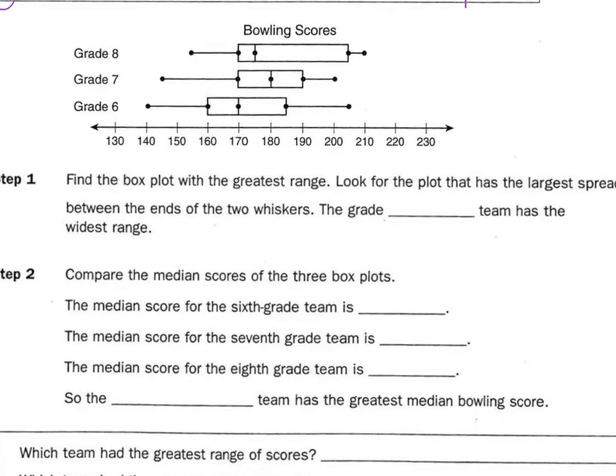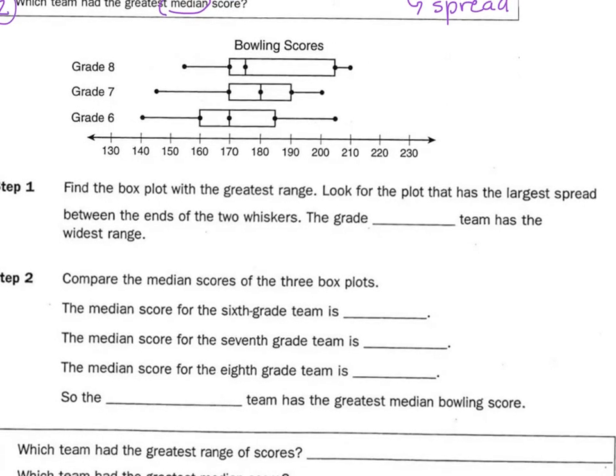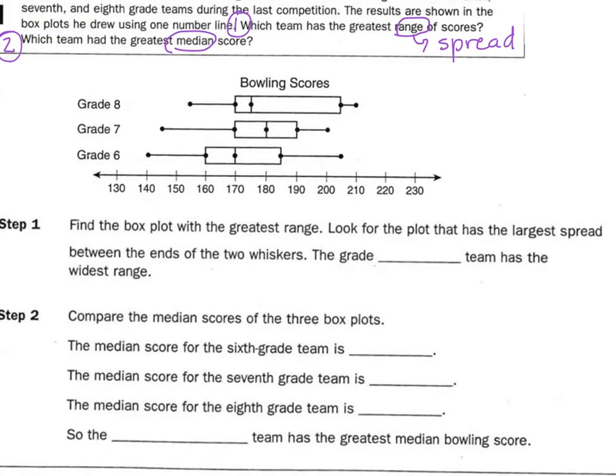Look for the plot that has the largest spread between the two ends of the whiskers. And look, here they said range. Here they said spread. It is the same thing. They will flip like that. So that's why I like to key my words.